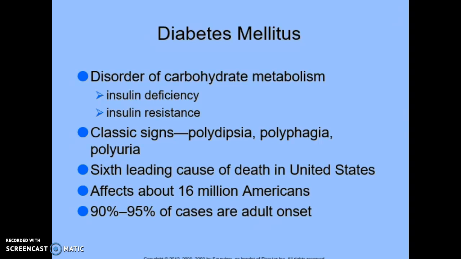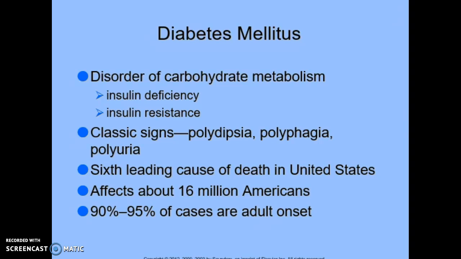And 90 to 95% of cases are adult onset, so we see this coming on in adulthood. Type 2 diabetes is now a growing health concern for U.S. children and teens. Most authorities believe that diabetes mellitus may be caused by any abnormal level of pancreatic function.